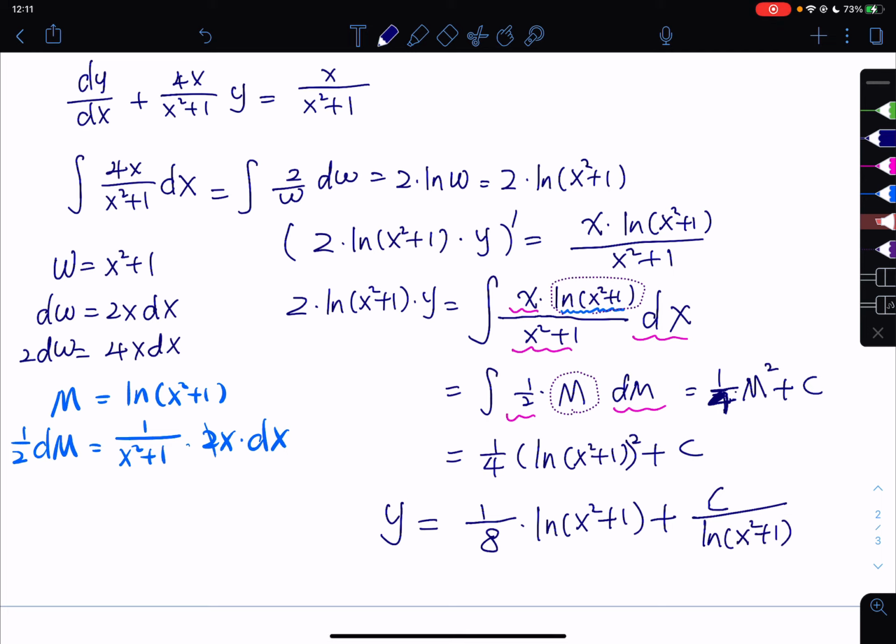Dividing c by 2 doesn't really matter, since an arbitrary number divided by 2 is still an arbitrary number, so that's why you didn't see me keeping the 2 back here. So this is my final answer.